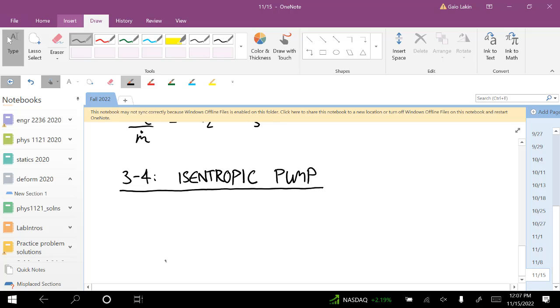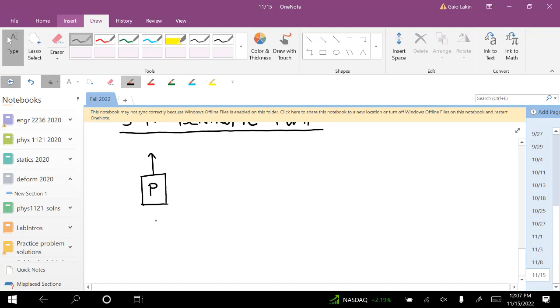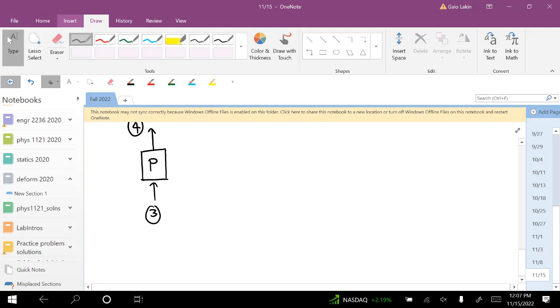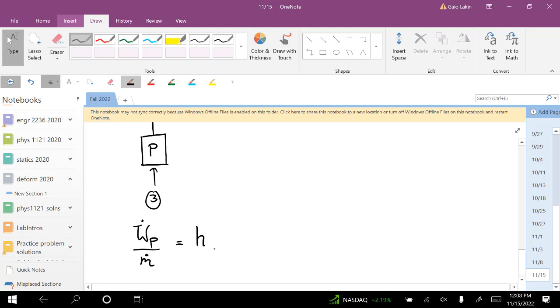So this one's going up the left side of my figure, from state 3 at the bottom to state 4 at the top. And you get that the work going into the pump divided by m dot is equal to h4 minus h3.